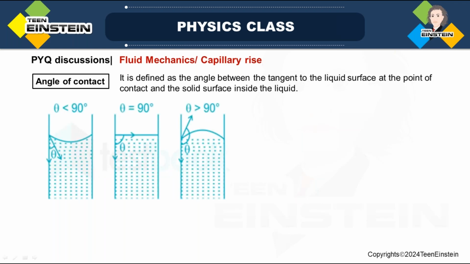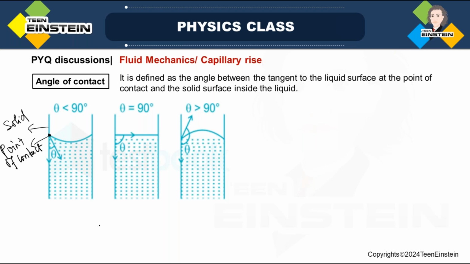See, now I'll discuss the angle of contact. We have seen that there is a contact point between the solid and liquid. If you see, this is the liquid and this is the solid, the container, right, and this is the point of contact, okay.